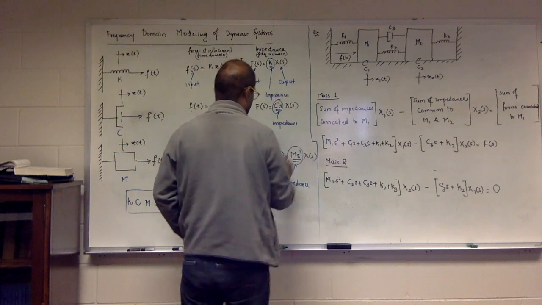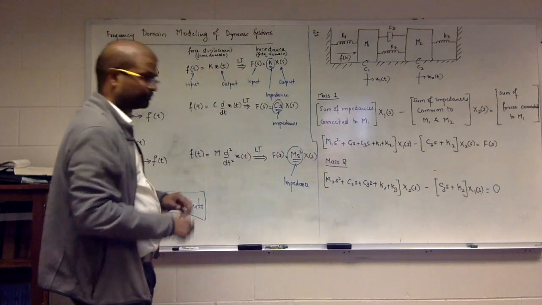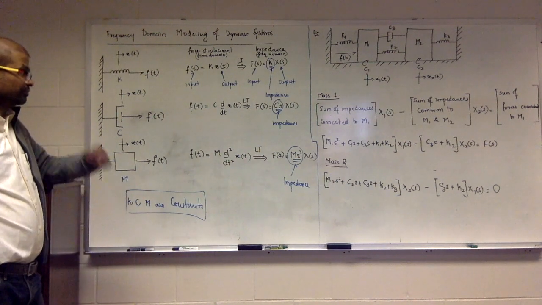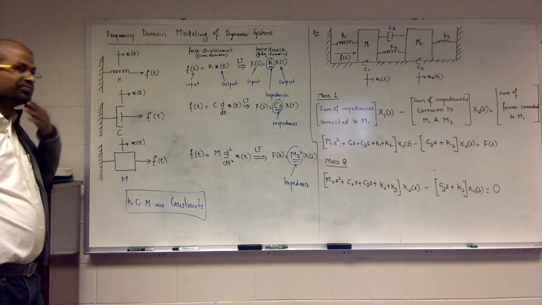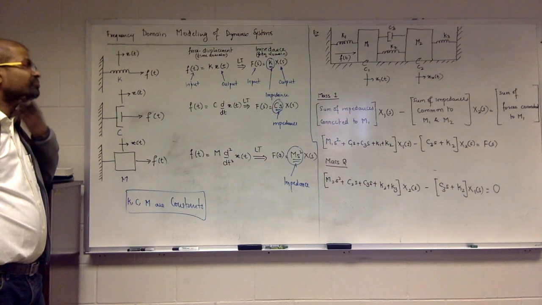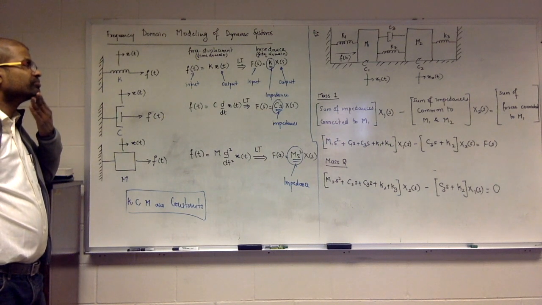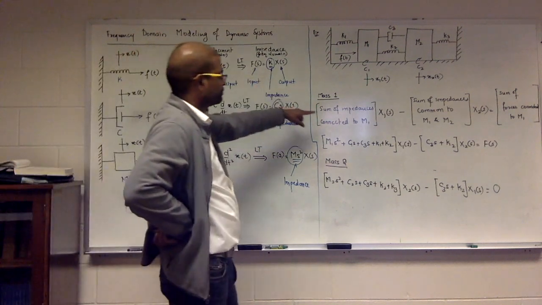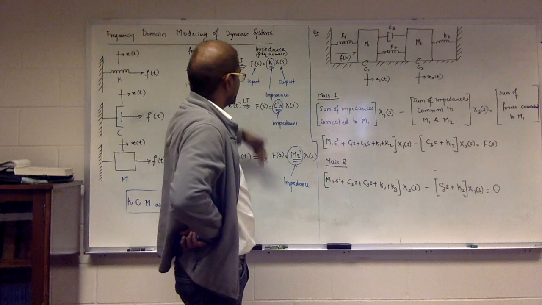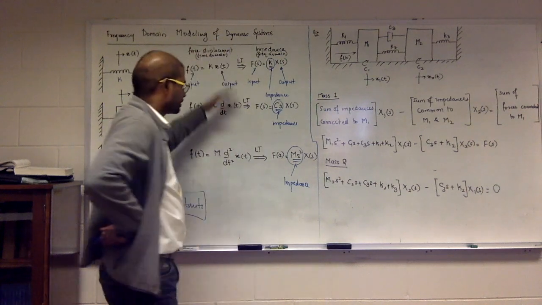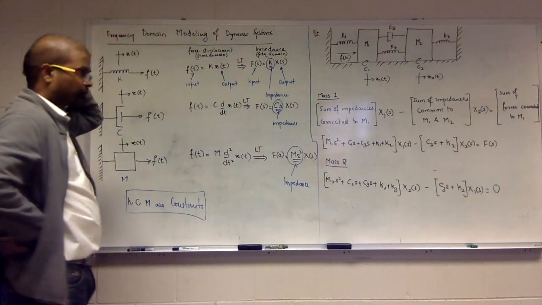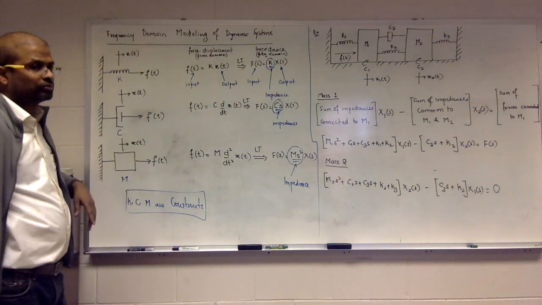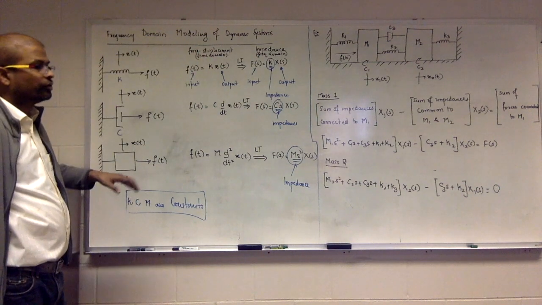But if we're given the force and displacement, like f of t equals kx of t, we would have to do the Laplace transform to get the impedance, and then we can do what we just did. You have to remember this. That's all. I will not ask you this. This is essentially the basic building blocks of your frequency domain modeling. Okay, now I'm tracking.